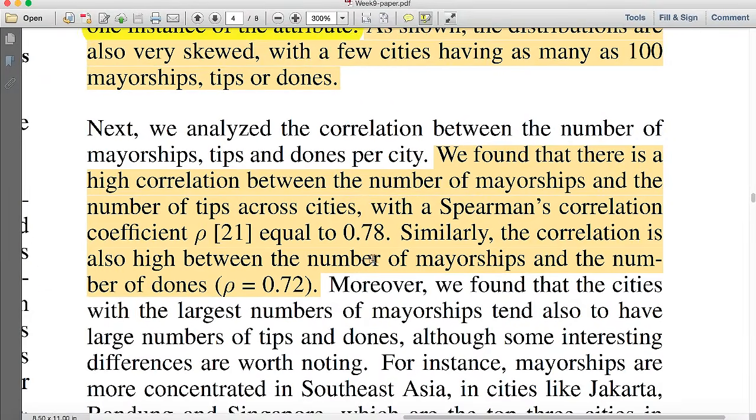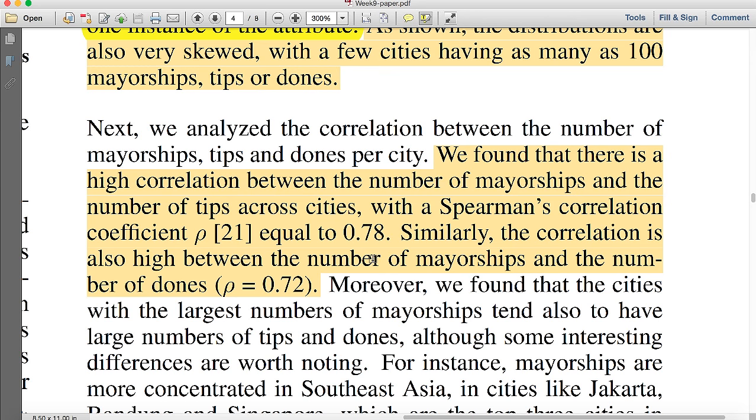So then looking at correlation between the number of mayorships, tips and dons per city, they found a high correlation between the number of mayorships and the number of tips across cities, with a coefficient of 0.78. Similarly, the correlation is also high between the number of mayorships and the number of dons.